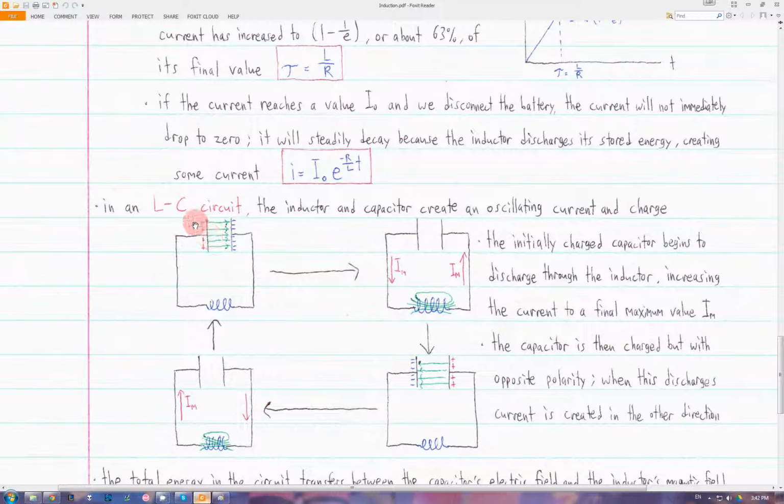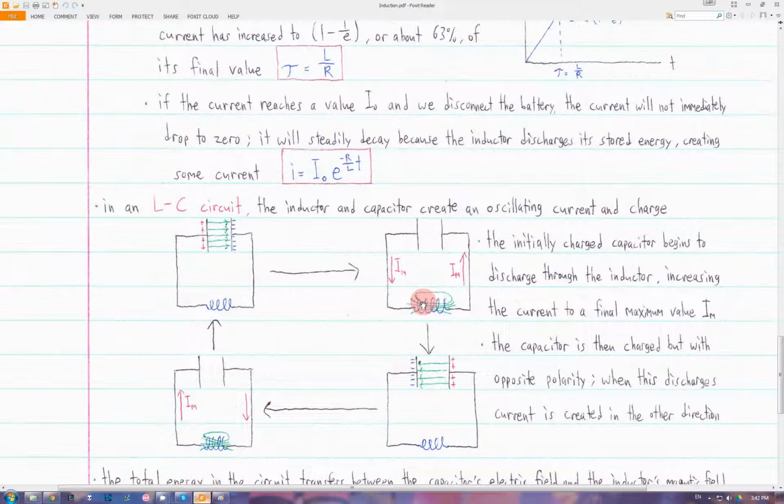So since the higher potential is over here, the current is going to go this way, counterclockwise, around the circuit. So we know that as the capacitor discharges, the current is going to increase, but the inductor is going to slow down the increase of the current. So as the current is increasing, the inductor is storing energy inside its magnetic field.